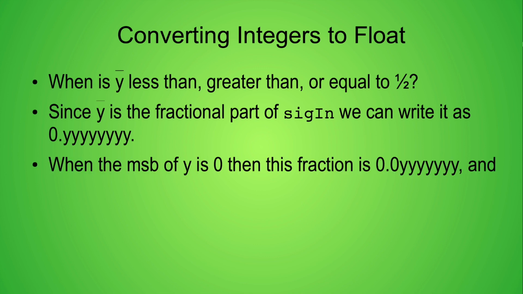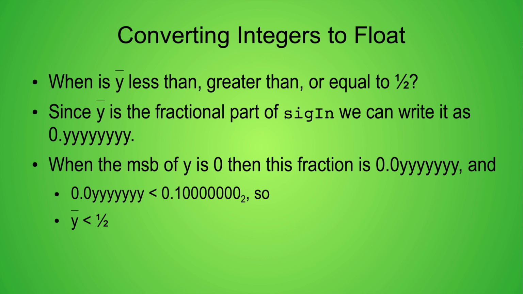If the most significant bit of Y bar is 0, then this fraction becomes 0.0 followed by 7 Y's. From here, we can see that 0.0 followed by 7 Y's is less than 0.1 followed by 7 zeros. So when the most significant bit of Y bar is 0, then Y bar is less than 1/2.